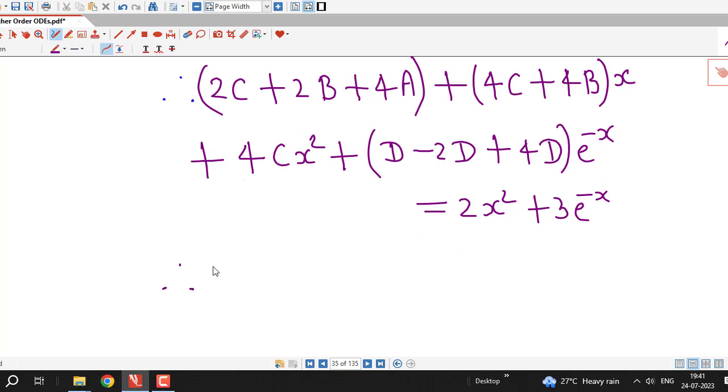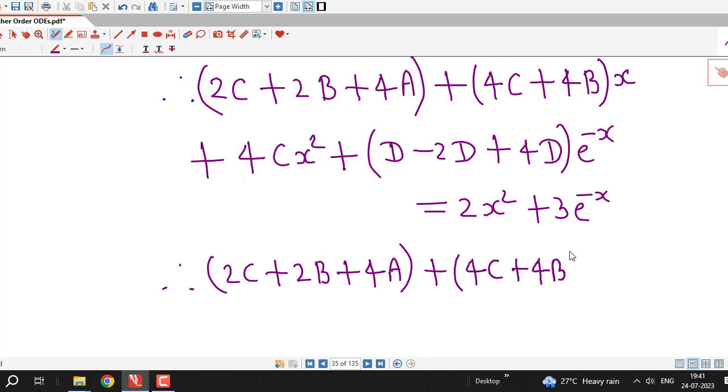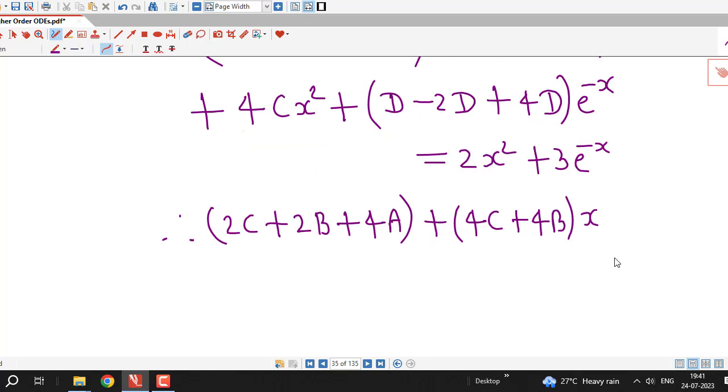Now let me rewrite after simplifying. Here I can rewrite this as it is. Here also I have to write as it is, 4c plus 4b times x plus 4c times x square.